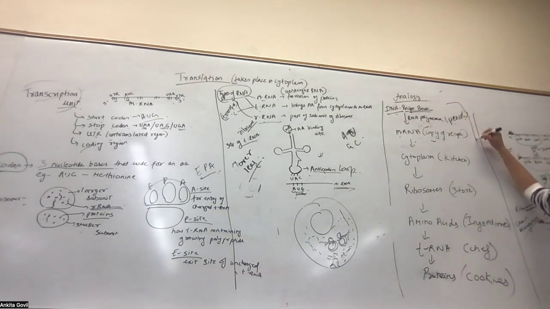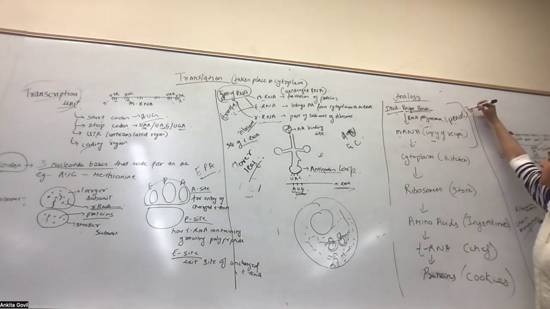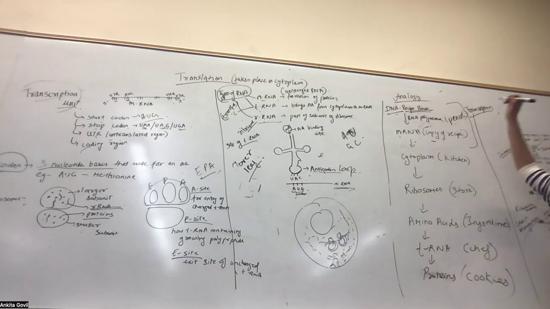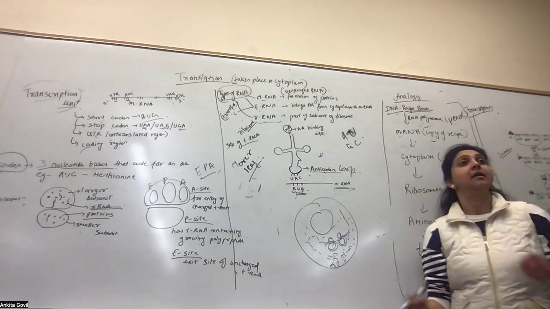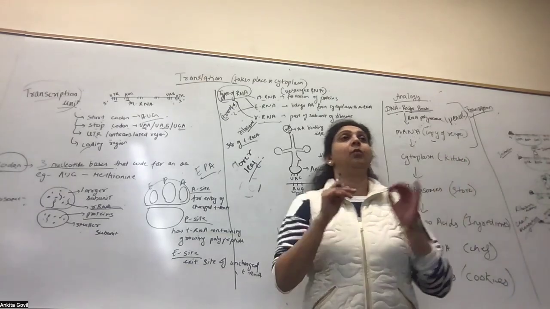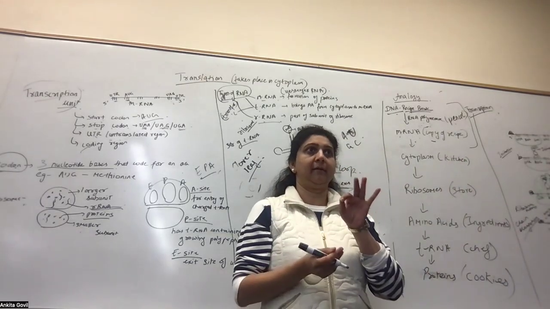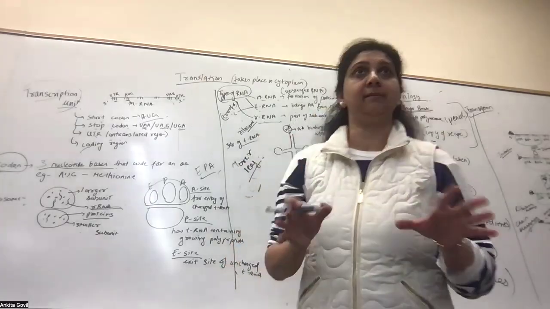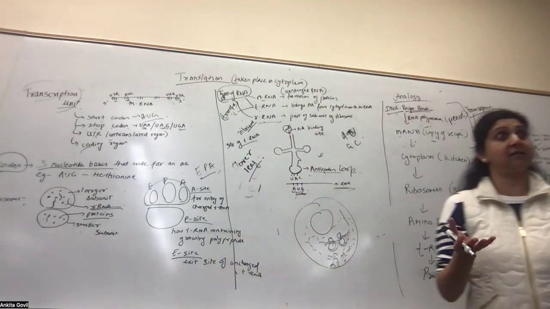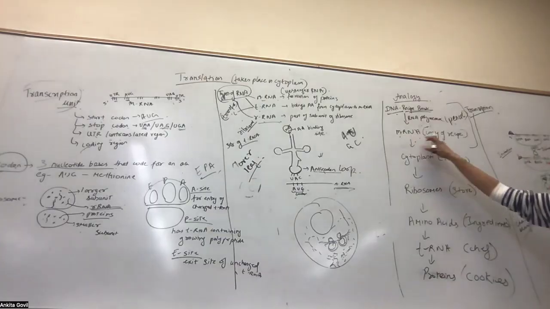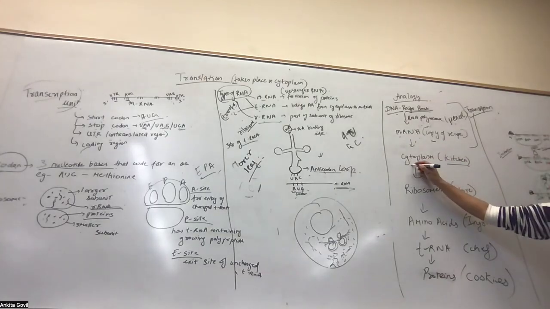And what is this called? Transcription. Okay. Now what happens? Once we have the recipe, we take the recipe in the kitchen because we have to make the cookies. So the kitchen is the cytoplasm.